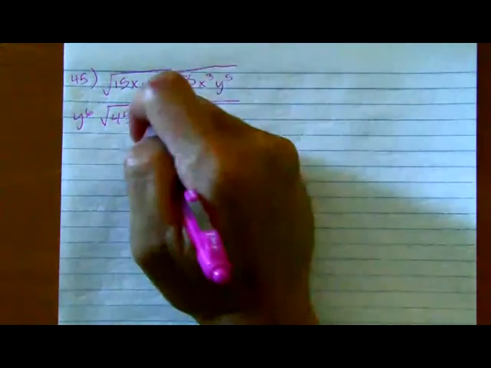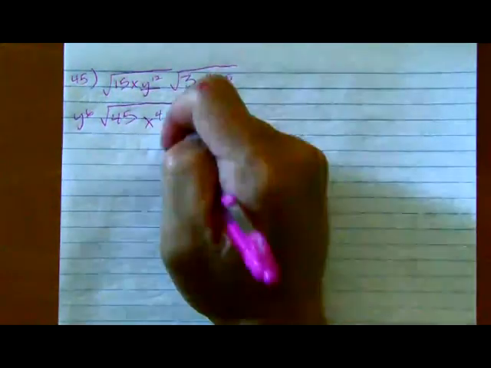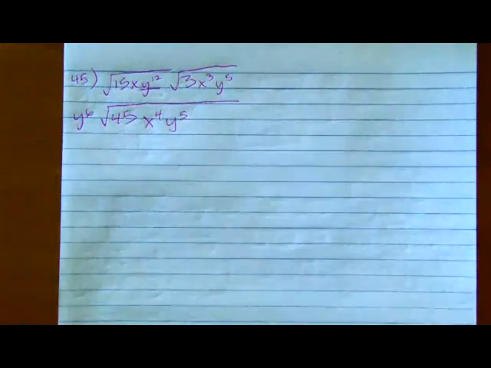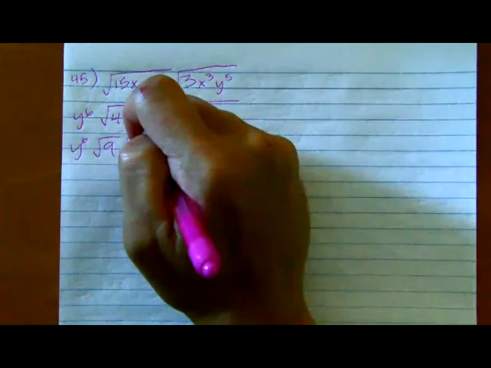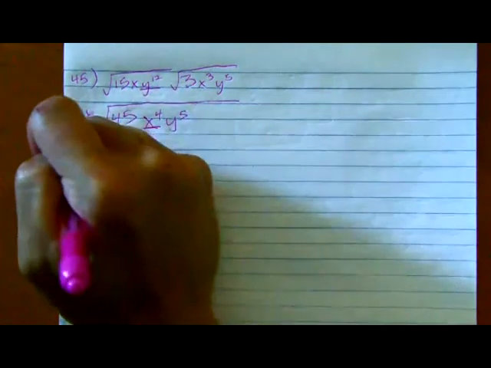45 x times x to the third is x to the fourth, and then y to the fifth. I can factor the 45, 9 and 5. I can square root x to the fourth. That would be x to the second.